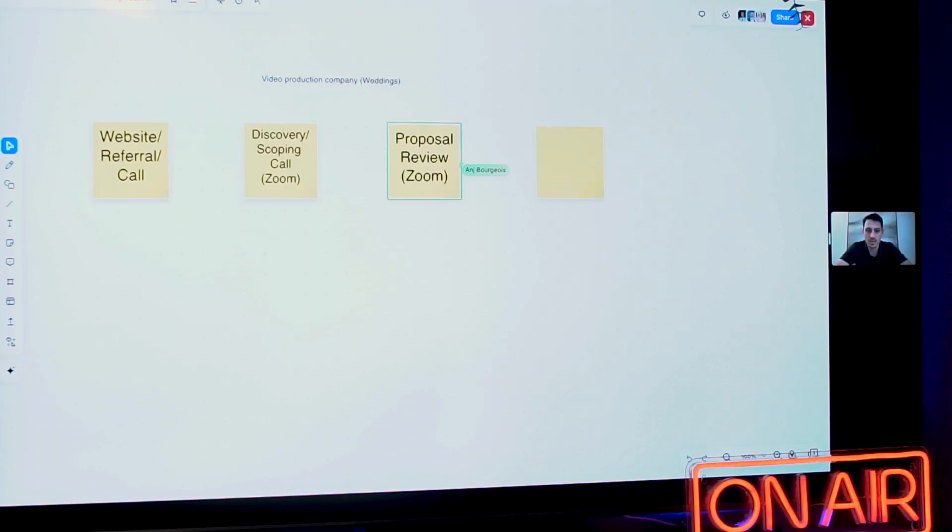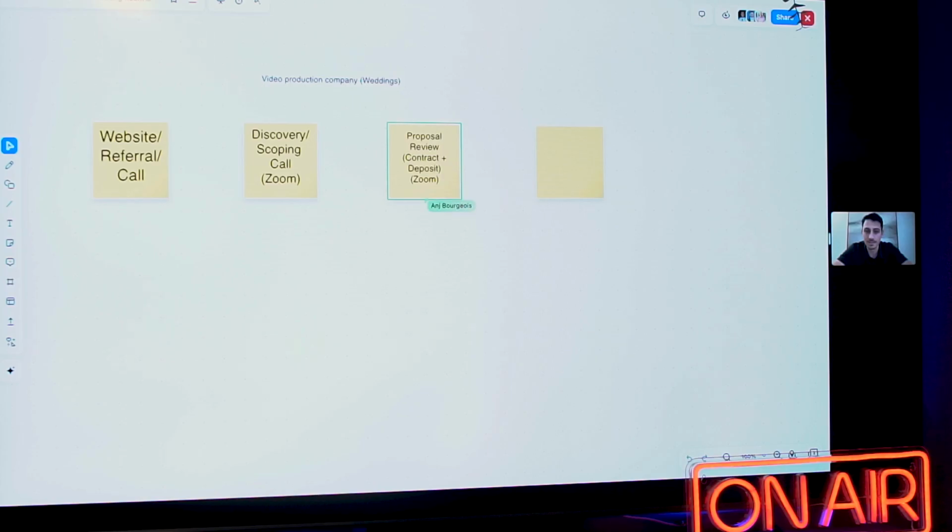Okay. So I'm going to try to condense this to make your life easier. I would have contracts plus deposit right here, and put it all into that one section. Within the proposal review, we would review it together.